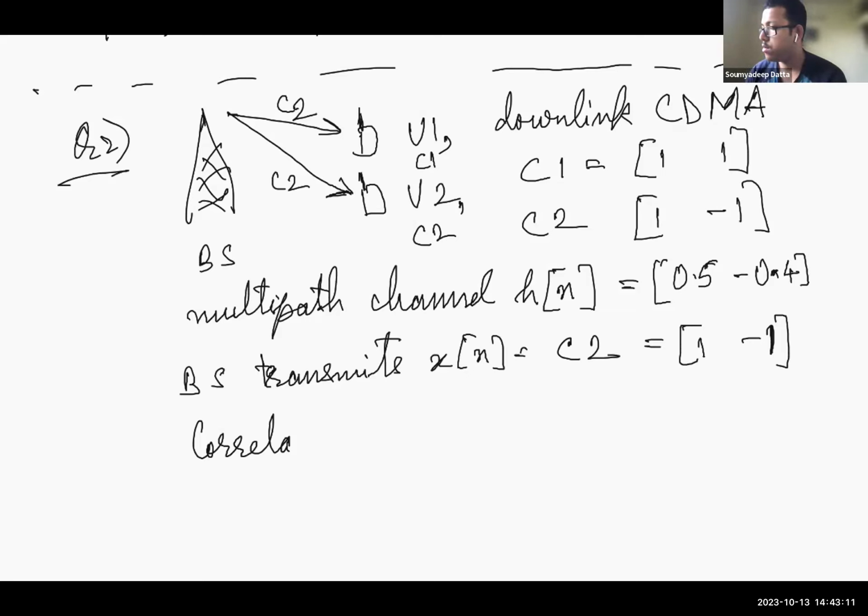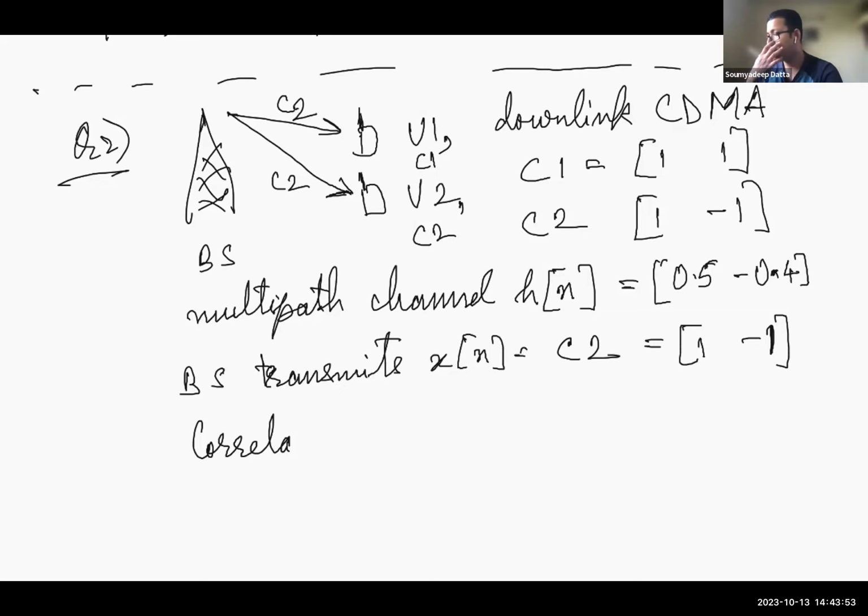The received signal y[n] is x[n] convolved with h[n], right? So what is y[n]? y[n] is the summation over k equal to 0 to n minus 1, something like x[k] h[n minus k]. Something like that.